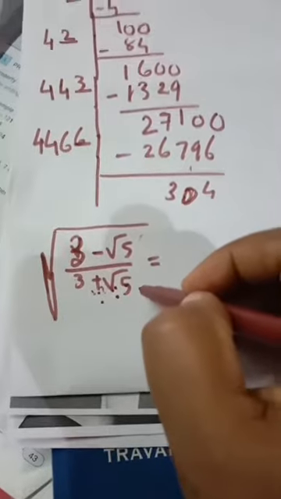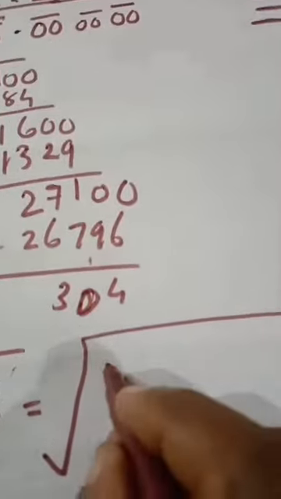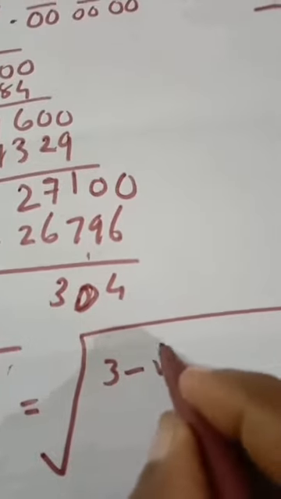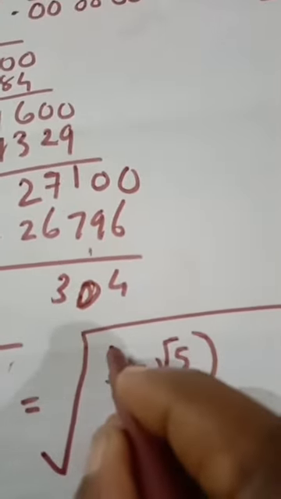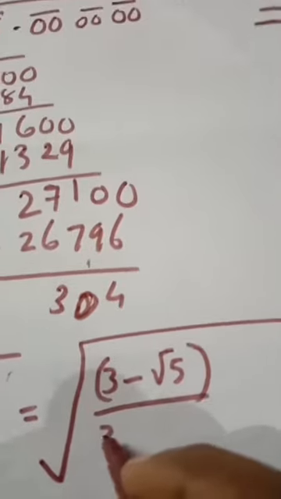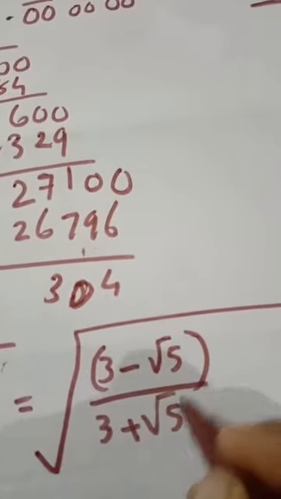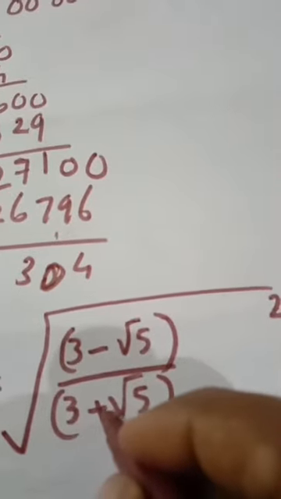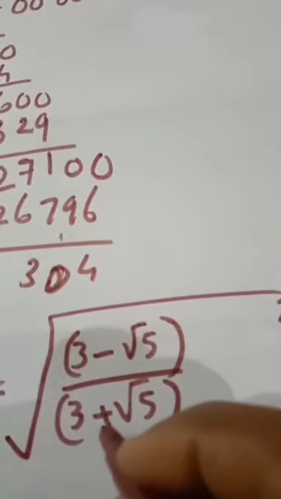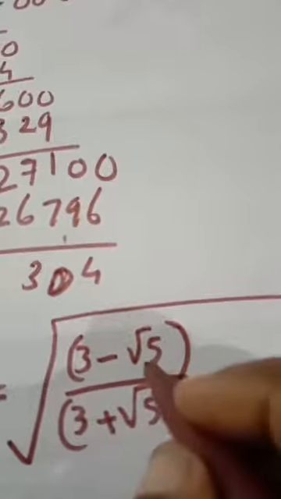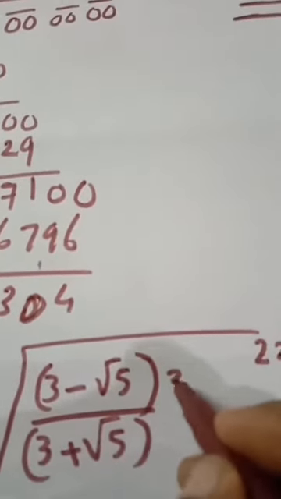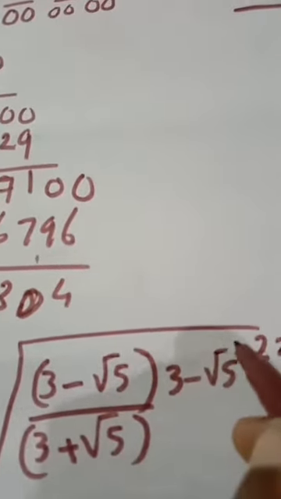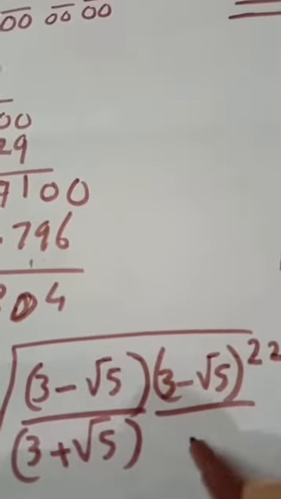That is root of 3 minus root 5 into 3 plus root 5, and denominator 3 plus root 5. So the additive inverse of 3 plus root 5 is 3 minus root 5. Both numerator and denominator you multiply.